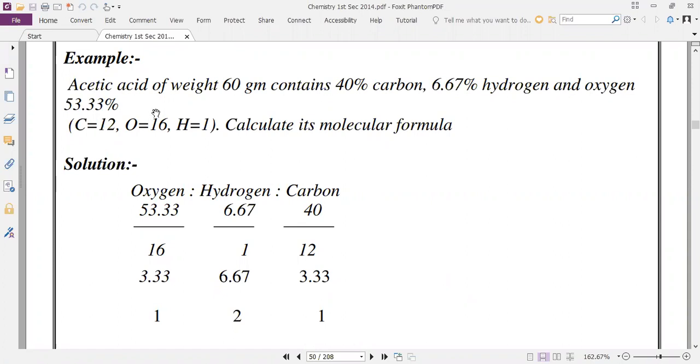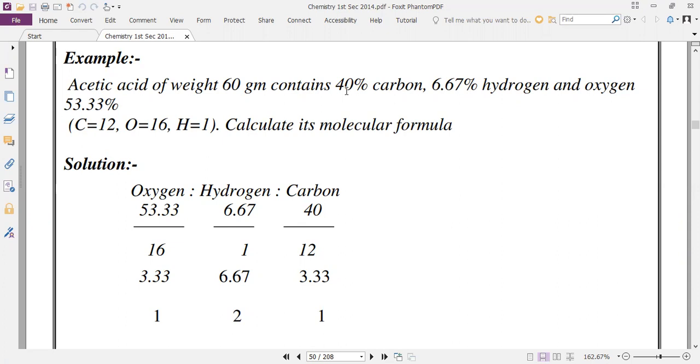Example on molecular and empirical formula. Acetic acid of weight 60 gram, containing 40% carbon, 6.67% hydrogen, and oxygen 53.33%.